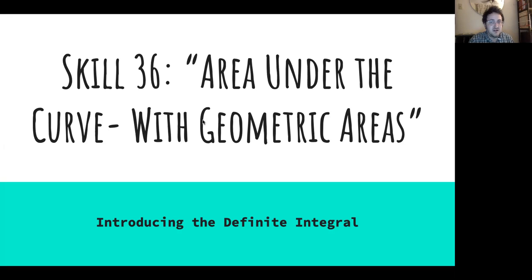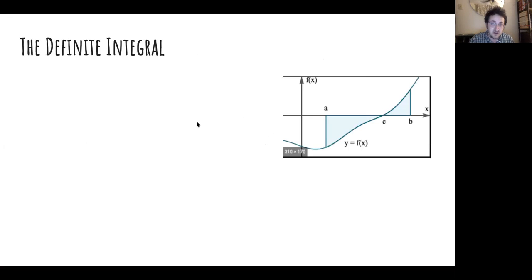So what we're going to discuss here is what is a definite integral, as opposed to an indefinite integral. The integral that we just showed, where we procedurally computed the antiderivative, is called an indefinite integral.